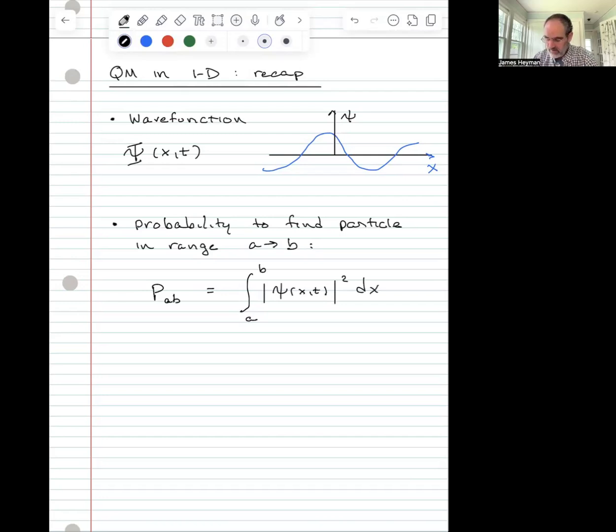And for this reason, the absolute value squared of the wave function is called the probability density. And of course, quantum mechanics only gives us the probability that a measurement of the particle's location, a measurement of whether a particle is at a particular location, will either find it or won't. And quantum mechanics only gives us the probability that the measurement will find the particle.